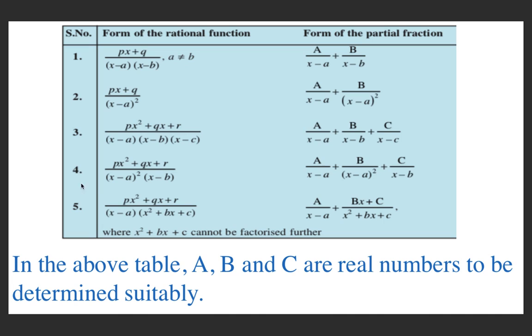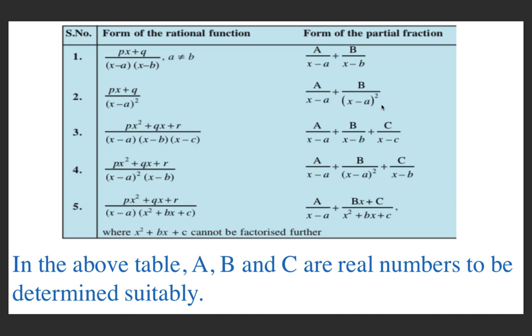If the rational function is of the form (px² + qx + r) upon (x - a) whole square into (x - b), then here the first factor is repeating twice and the second factor is a single factor. So we know how to write the partial fraction for it: A upon x - a plus B upon (x - a) whole square.